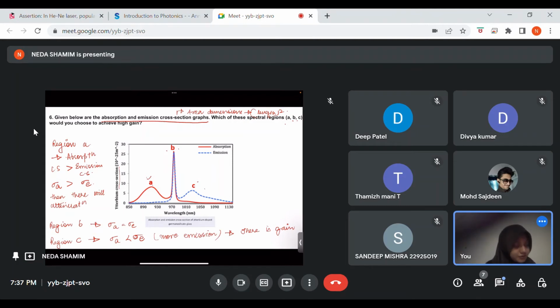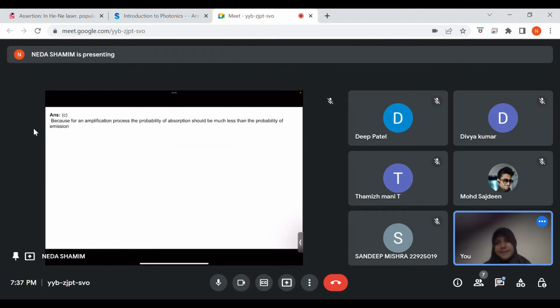So the answer is C, because for an amplification process, the probability of absorption should be much less than the probability of emission.